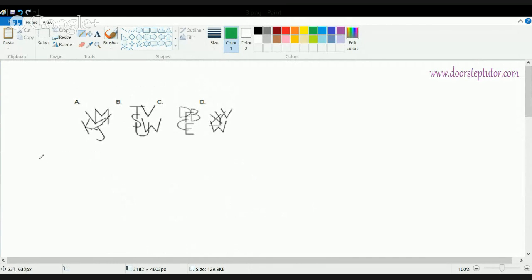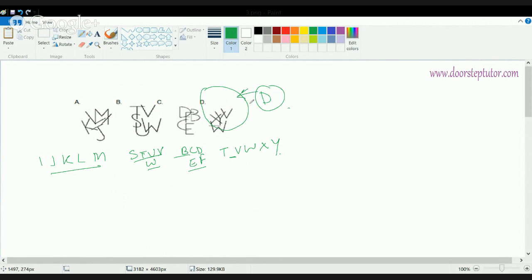The first is I, J, K, L, M, then S, T, U, V, W, then B, C, D, E, F, and finally T, V, W, X, Y. In all of these there is a continuous series except the last choice, that is D. So D is the odd man out, because instead of T it should be U. So it should be U, V, W, X, Y. So that is the incorrect choice here.